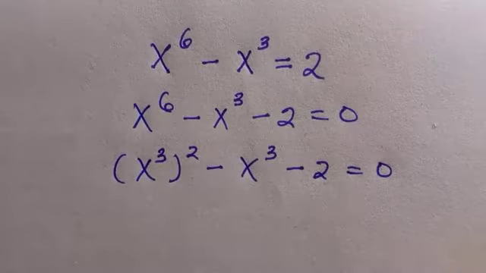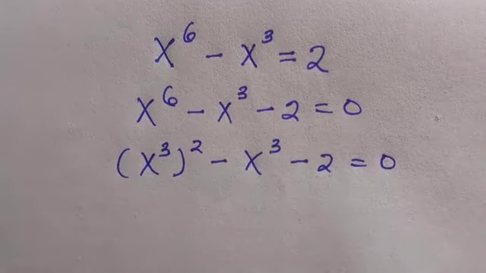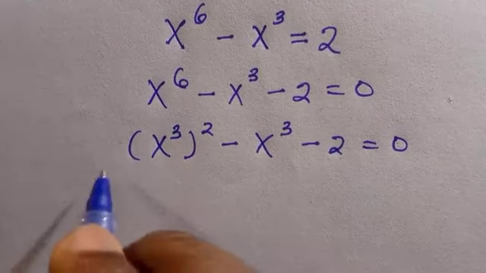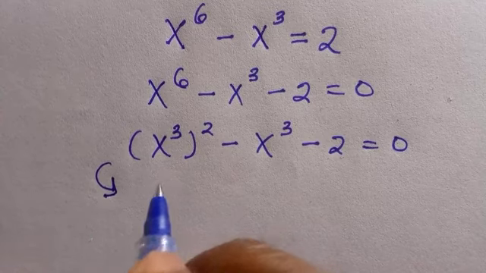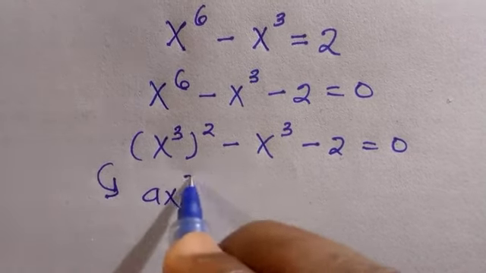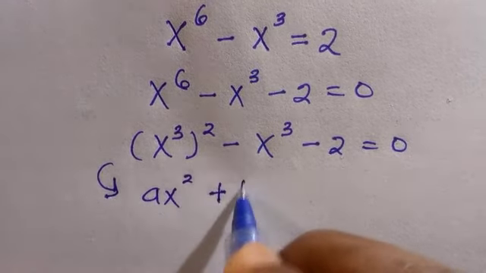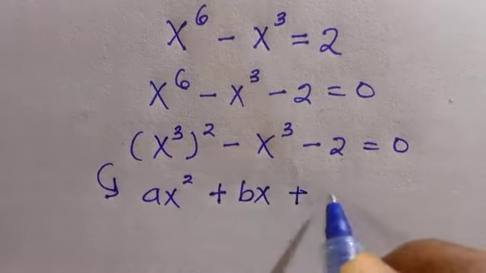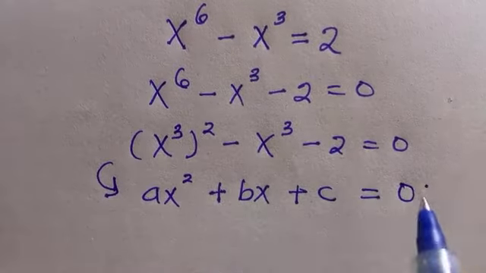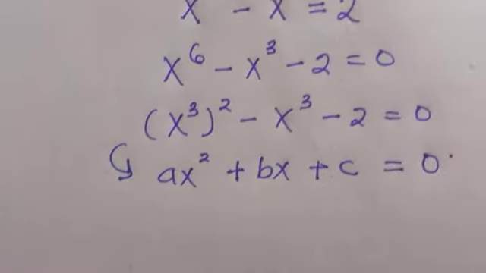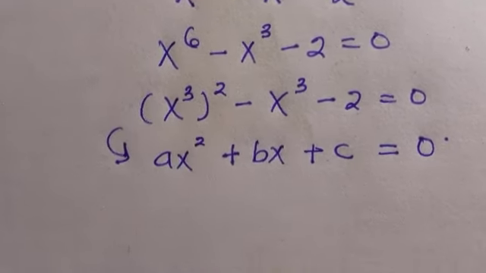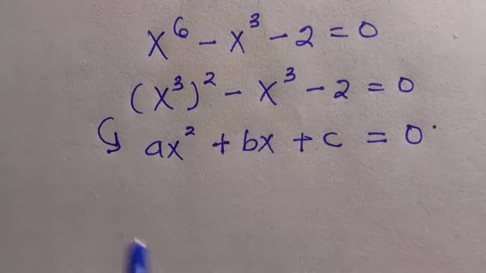And so there are two things involved here. Let's say we have two methods of doing this. If you compare this with the quadratic equation, which is ax squared plus bx plus c equals 0, you can just let x squared be any other alphabet and solve it quadratically, or we do it this way as well.